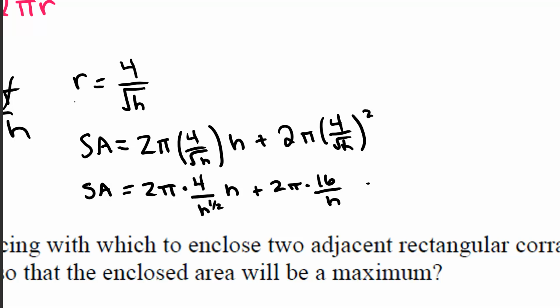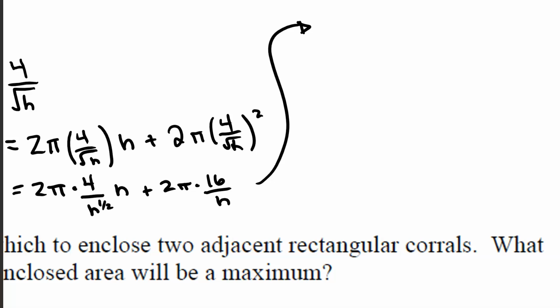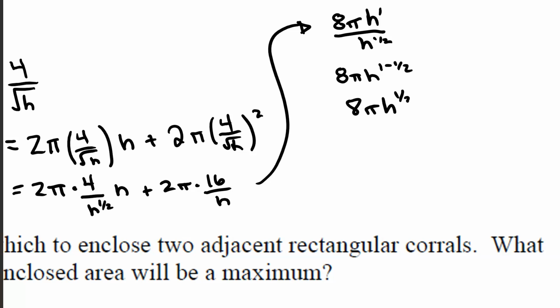All right, so let's carry on here, as we shall. I'm going to have 2 times 4, so I've got 8 pi h divided by h to the 1/2. When we're dividing exponents, that's the same as doing the difference. So it's like h to the first. So this is the same as saying 8 pi h to the 1 minus 1/2, or 8 pi h to the 1/2.